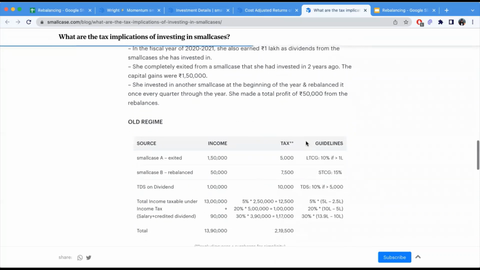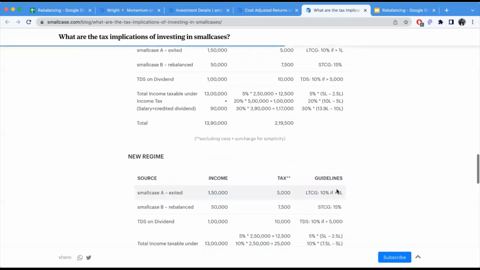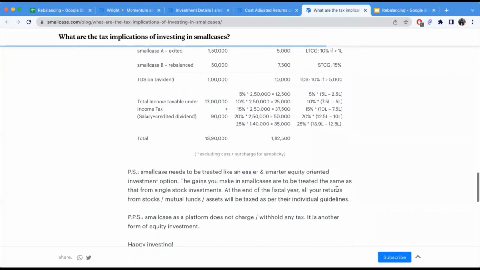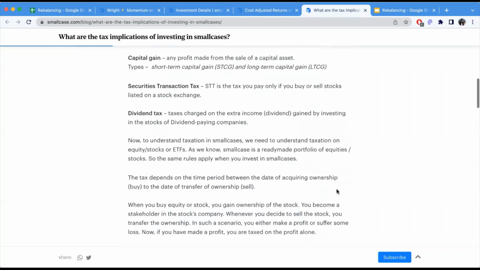And if you have received any dividend, then on the dividend you have to pay a TDS if your dividend is more than 1,000 rupees. So you have to pay 10% TDS if the dividend is more than 1,000 rupees. All these details are also given out there on the Smallcase website, and the idea is to be very, very transparent.